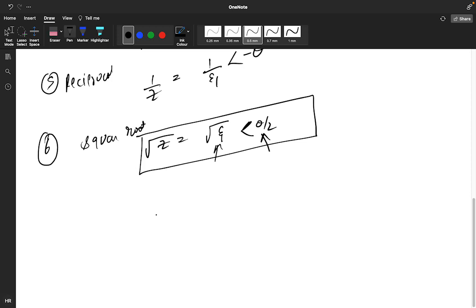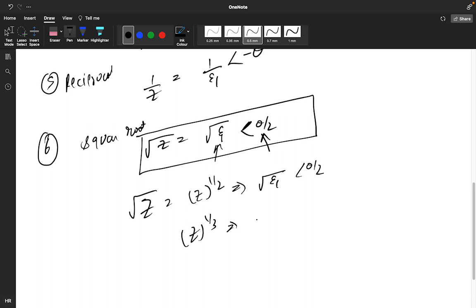So suppose you have z root, that is z to the power 1 by 2. If you want to make the representation in the polar form, it will become root under zeta at an angle theta by 2. Similarly, if you have z to the power 1 by 3, it will become zeta to the power 1 by 3 and theta will be divided by 3.